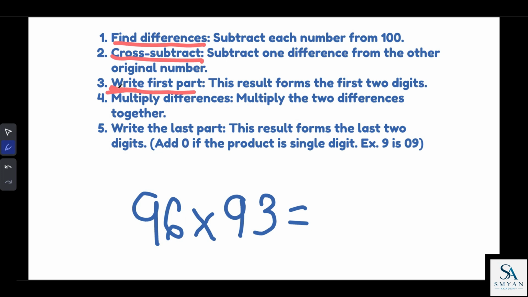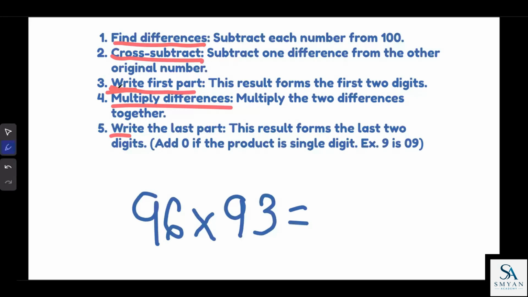Now, after you do the cross subtract, you want to first write the first part, which forms the first two digits. The first part is what you get once you do the cross subtract, and you'll get the same number no matter which number you choose. After that, you want to multiply the differences. That means you take the two differences from step one and multiply them, and that's your second part.